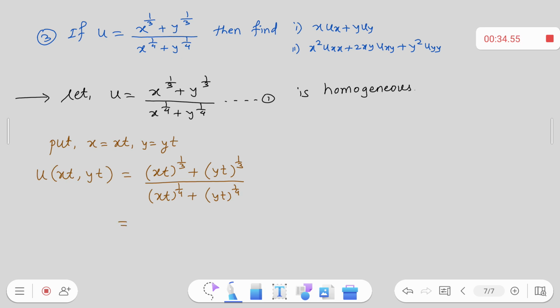From the numerator, take t to the power 1 by 3 common. The remaining terms are x to the power 1 by 3 plus y to the power 1 by 3. From the denominator, take t to the power 1 by 4 common. The remaining terms are x to the power 1 by 4 plus y to the power 1 by 4. So 1 upon t to the power 1 by 4 becomes t to the power minus 1 by 4.